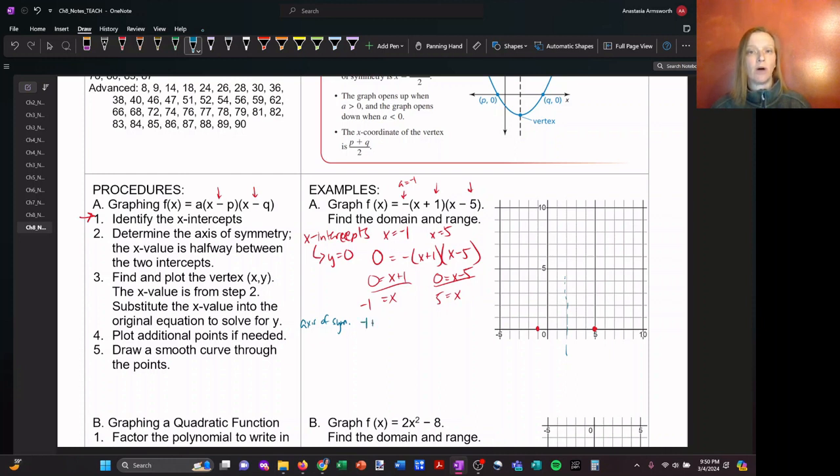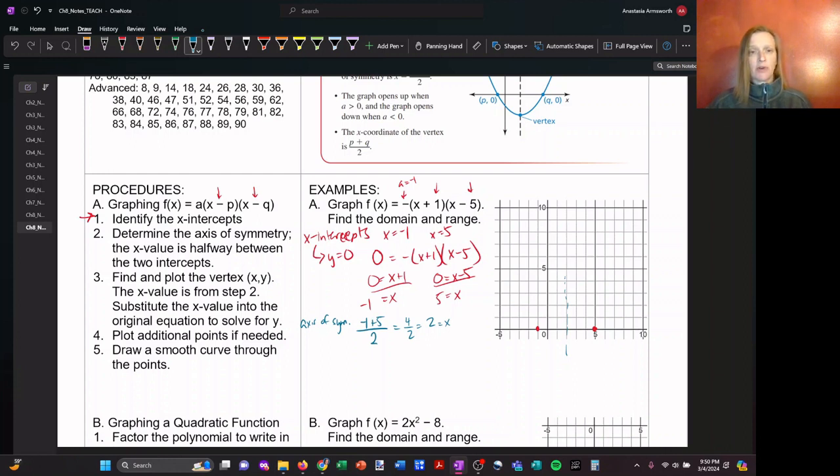So that would be -1 plus 5, adding those together and dividing by 2 because there are two numbers that I'm trying to average. So -1 plus 5 is +4 divided by 2. My axis of symmetry is going to be when x equals 2. So that is where I drew my blue dotted line here, but we can see where this value comes from. It's averaging the values for the two x-intercepts.